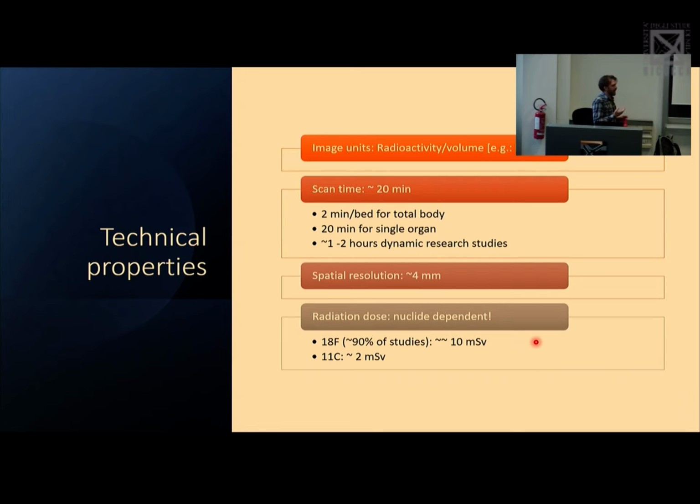But this can be normalized to some reference unit and give you what's called semi-quantitative information, and in some cases even fully quantitative information.